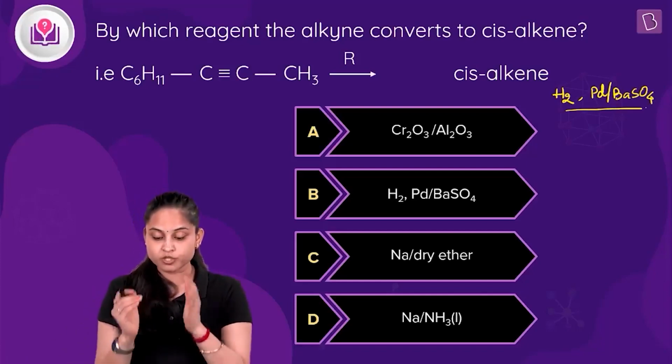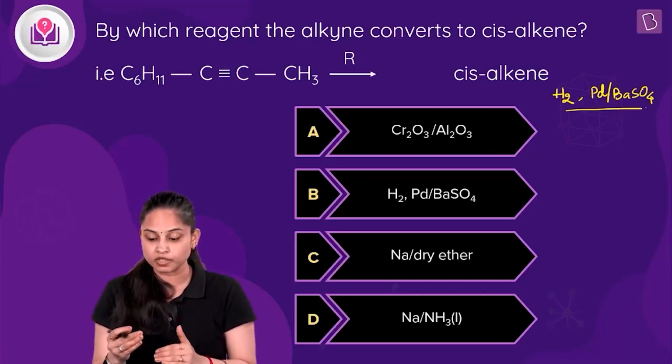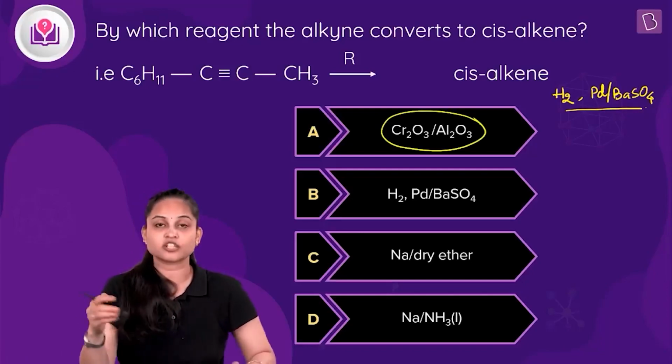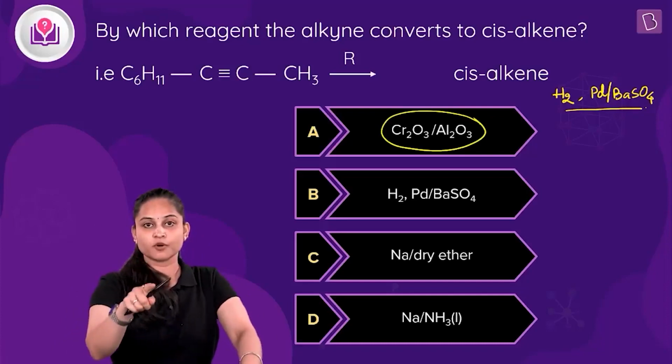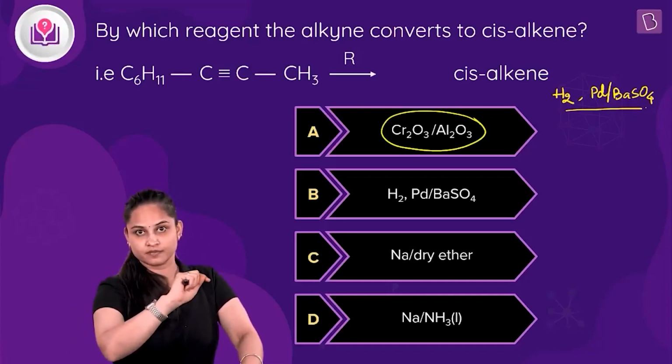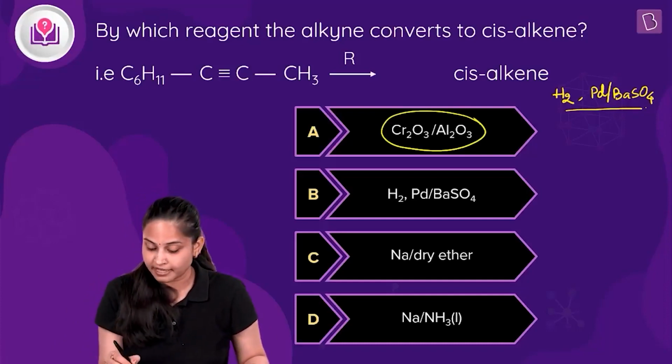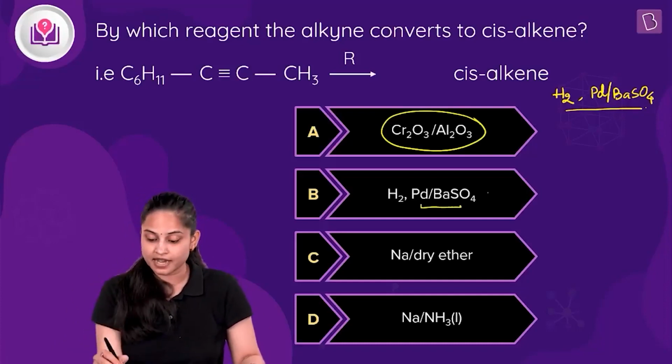If I talk about option number A over here, it's Cr2O3 supported over alumina. It's the reagent which is used in the process of aromatization. H2 in the presence of palladium BaSO4 is the Lindlar's catalyst.